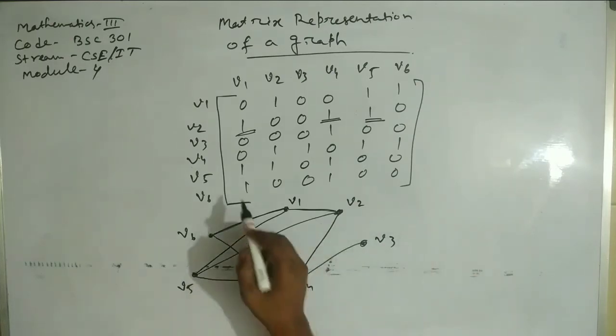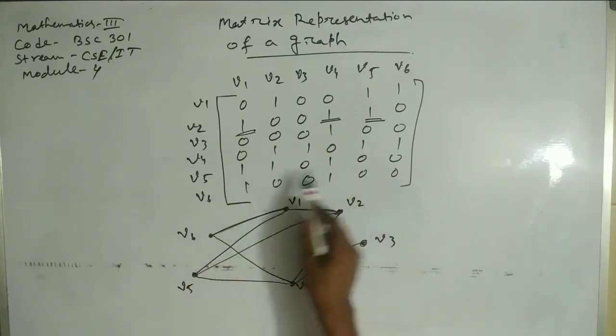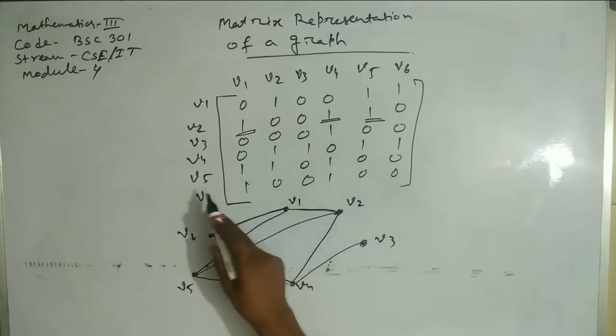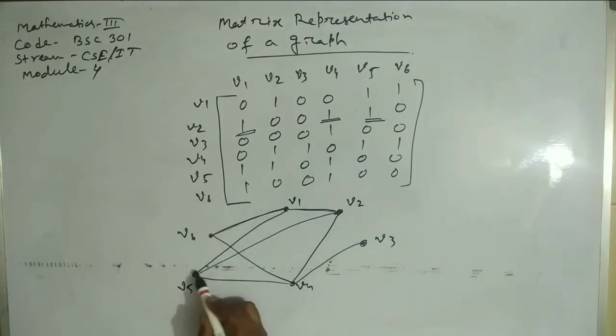Suppose we consider this row, there are 3 ones, so we can tell that the degree of V5 is 3. Now check, the degree of V5 is 3. So the number of 1s in any row or any column is equal to the degree of that vertex.